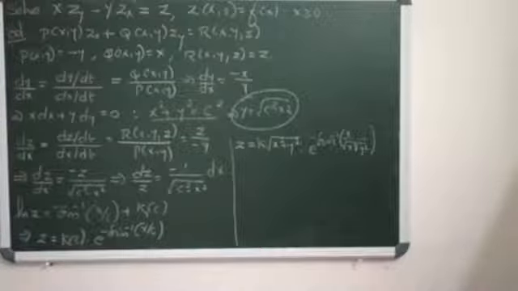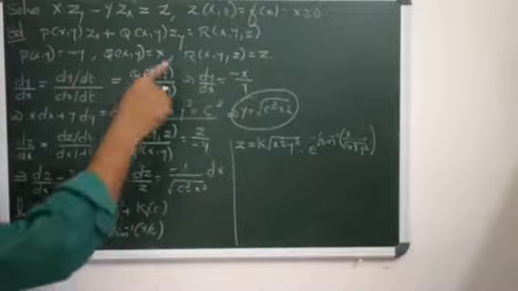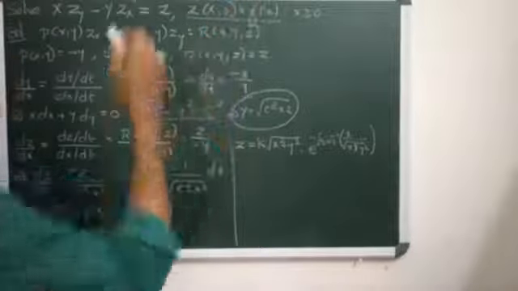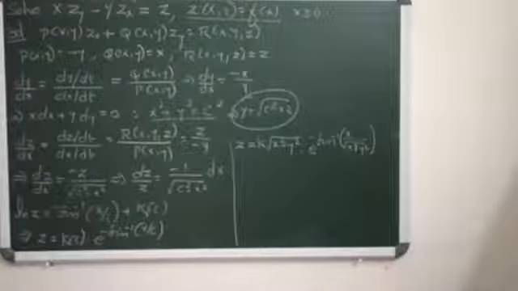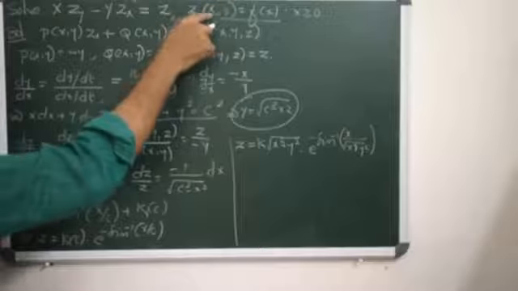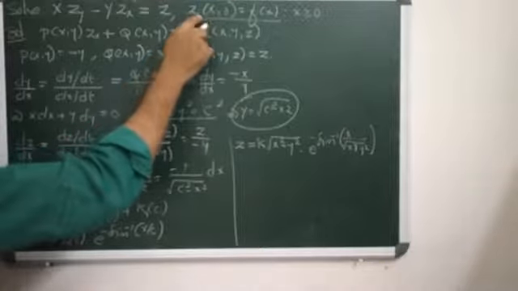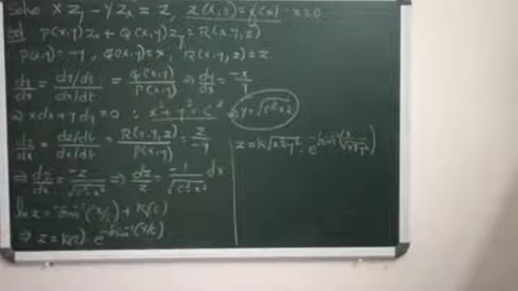Agreed. Now using the initial condition, which is the initial condition? Z(x, 0) equals f of x. That means when y equals 0, z equals f of x.